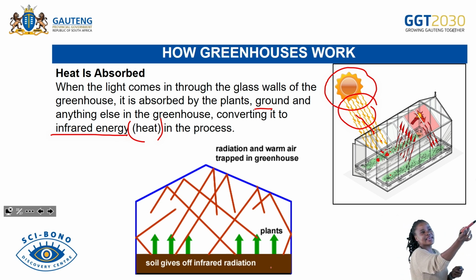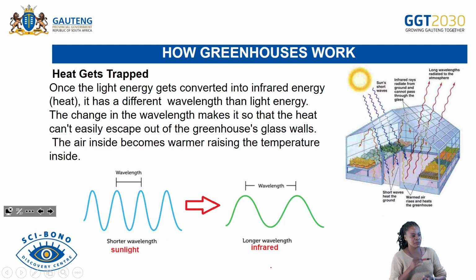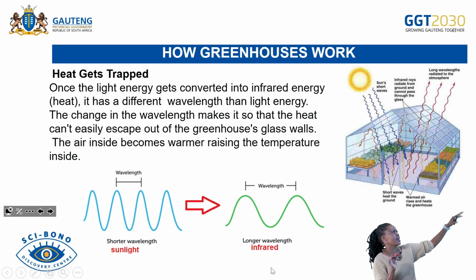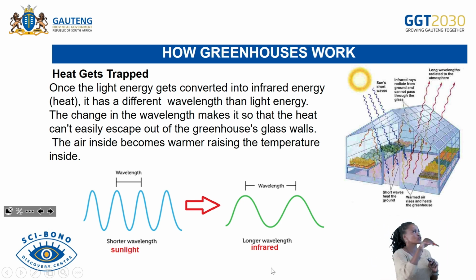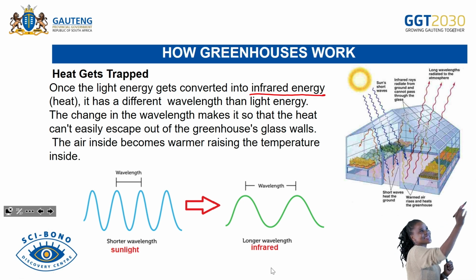And then that sun energy will be automatically converted into infrared energy, and infrared energy is heat energy. So this is how this conversion is made possible. Now, what is happening when the heat gets trapped inside the greenhouse? What is going to happen as soon as it has been converted into infrared energy?